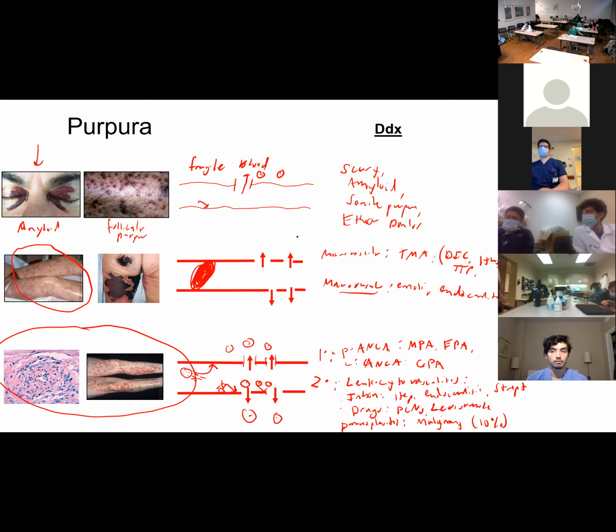Typically cyclophosphamide, but now rituximab, especially for granulomatosis with polyangiitis, has a lower risk profile, so it's probably used more commonly. So for primary vasculitis: steroids, and then a B cell depleter, cyclophosphamide or rituximab.